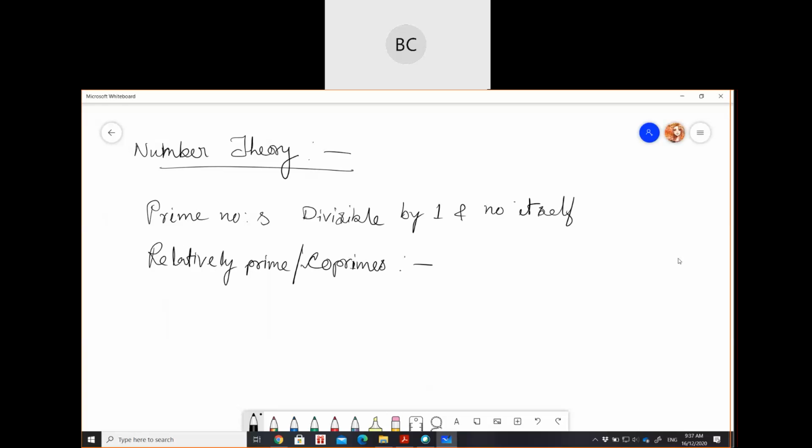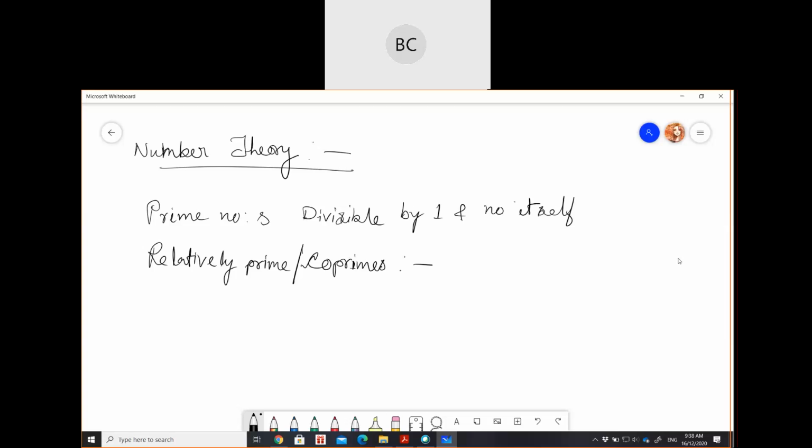So tell me what are co-primes. The highest HCF of both the numbers will be 1.